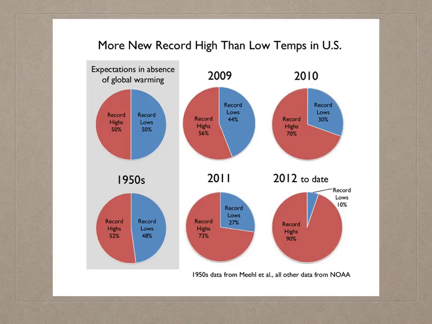Starting in 2009, the record highs were 56% to 44% record lows. In 2012, it was 90% record highs to 10% record lows. This skewing to more record highs will continue as the planet continues to warm. And there are extreme health hazards related to these excessive heat waves, as evidenced by the event that occurred in France a number of years ago, where over 10,000 people died due to an extreme heat wave event.